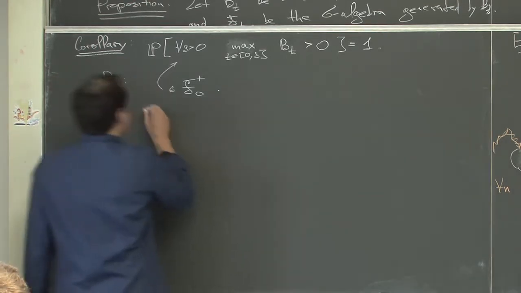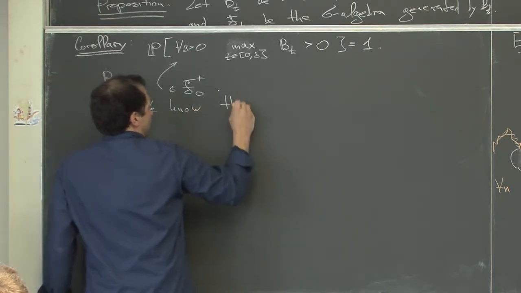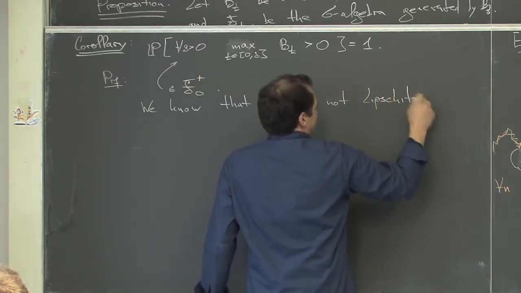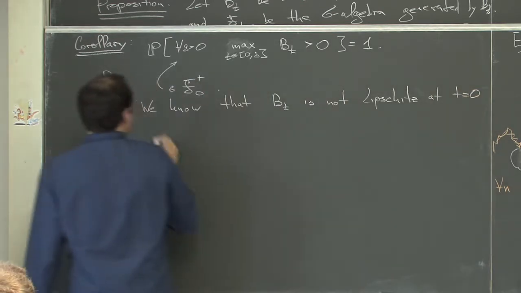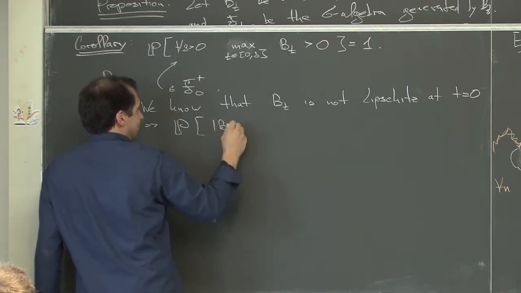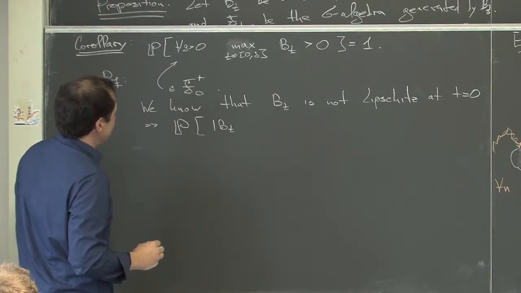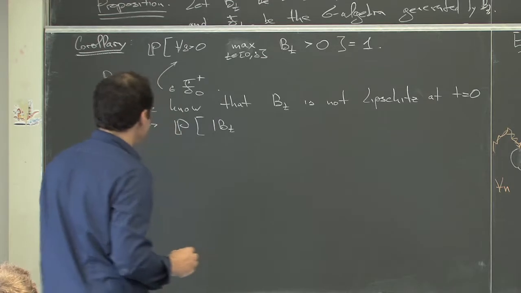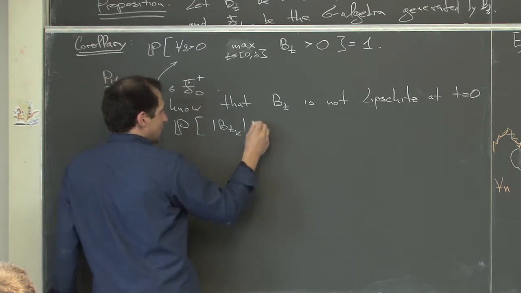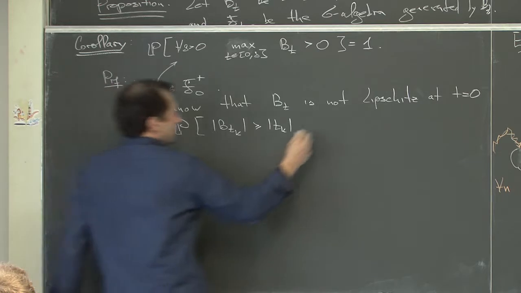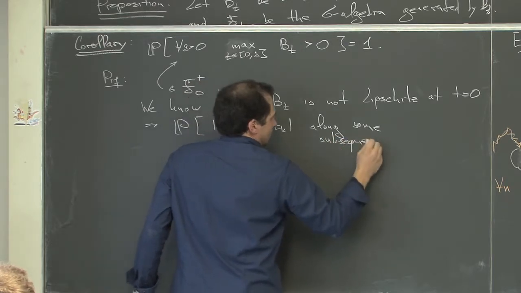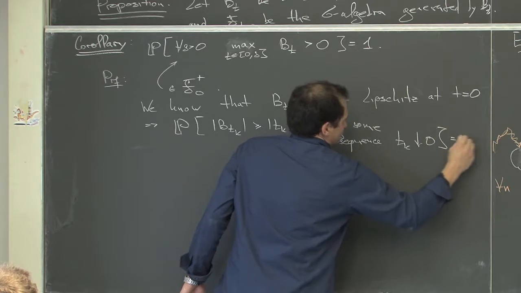We know that B_t is not Lipschitz at 0. Because of that, we know that the probability of the event that |B_{t_k}| is greater than t_k along some subsequence t_k going to 0 is 1, right?